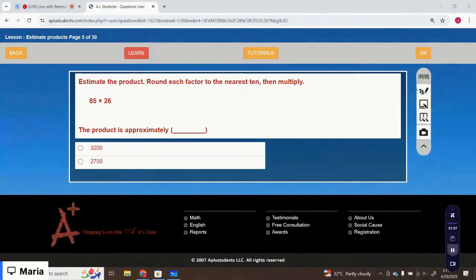That is 2700. Option number two is the correct one.